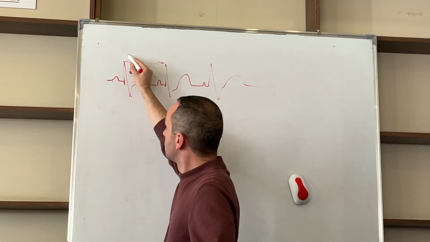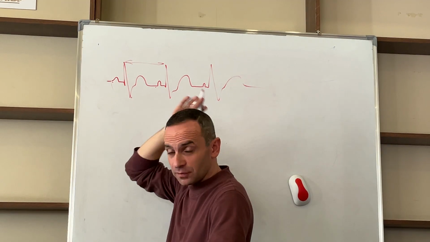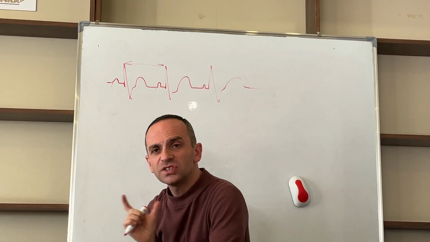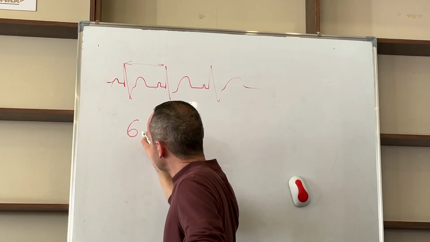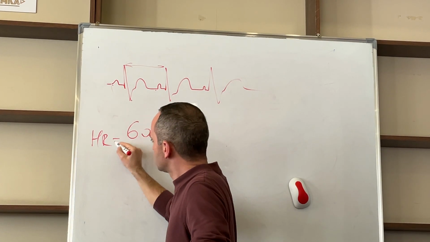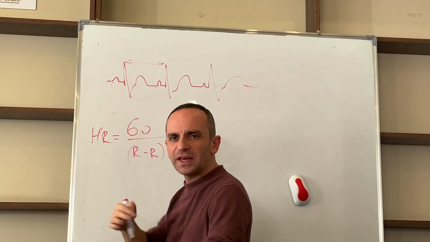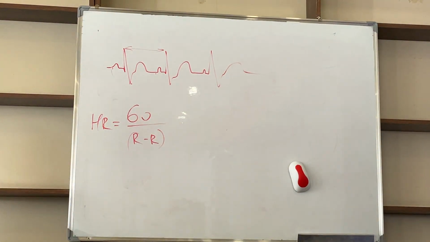So, if a heart rhythm is regular, it means that RR more or less is the same. So this formula is showing that heart rate is equal to 60 divided over RR interval. RR interval is some X value. 60 is the number of seconds in 1 minute.